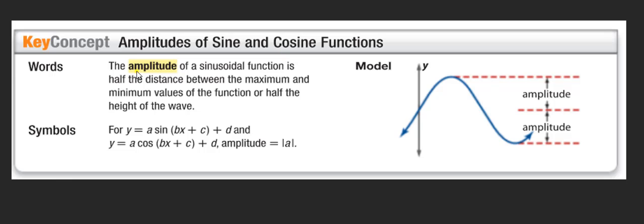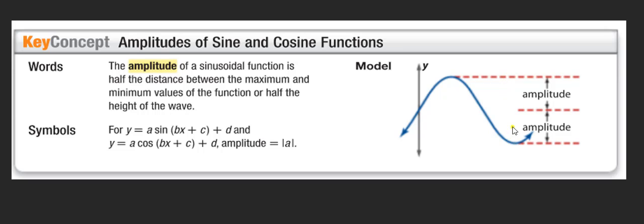Now let's take a look at the amplitude of a sinusoidal function. Amplitude is half the distance between the maximum and minimum values of the function, or half of the height of the wave. So if we have a wave, the height of the wave is from the bottom to the top.